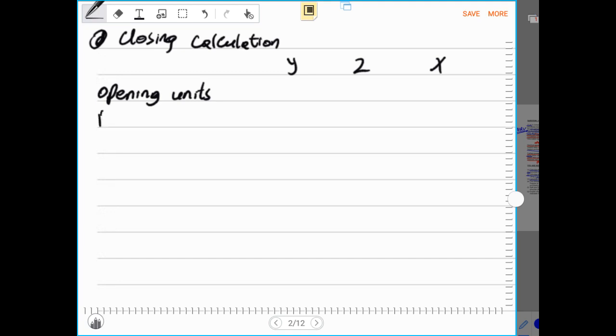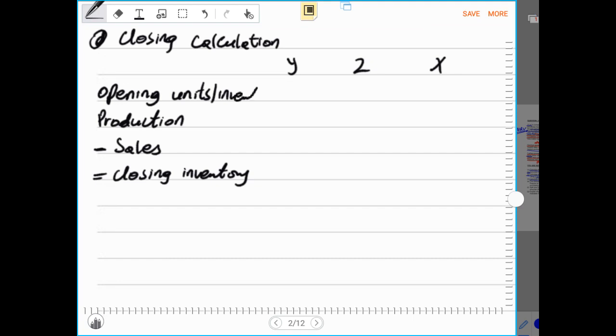Then we have to add our production. Then we have to minus our sales. Then this will give us closing inventory, which is the same as the opening units or opening inventory for the next period.